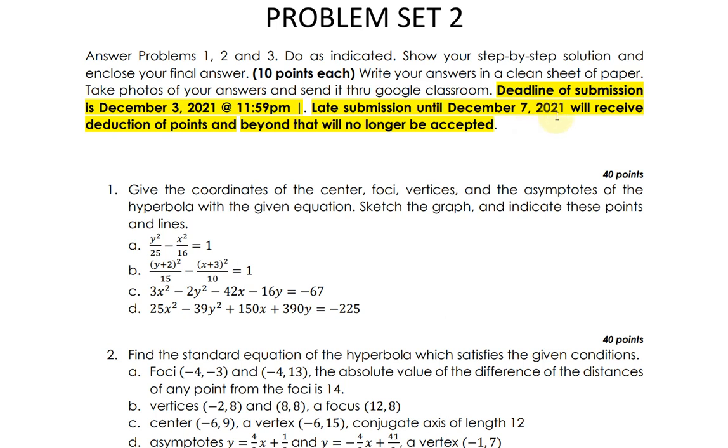So the earlier the better for the submission. Again, deadline December 3, 11:59 p.m., and the latest submission will be on December 7. Beyond that date, I will no longer accept your problem set.